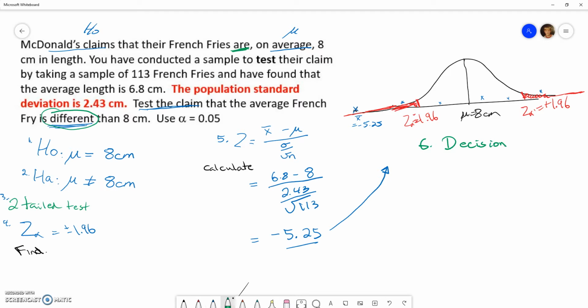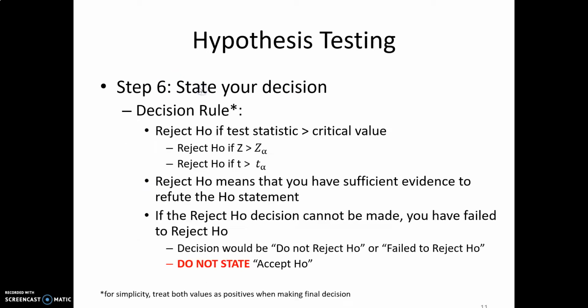Let's go to the PowerPoint for our last step. State your decision. The decision rule. We will reject the null hypothesis, the company claim, if the test statistic, the one you calculate, is greater than the critical value.